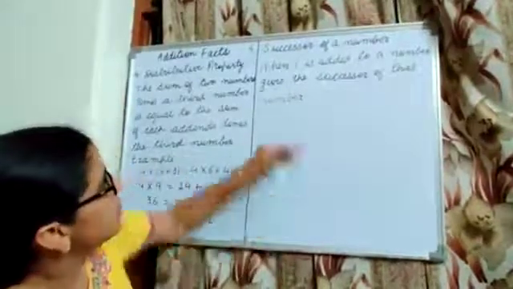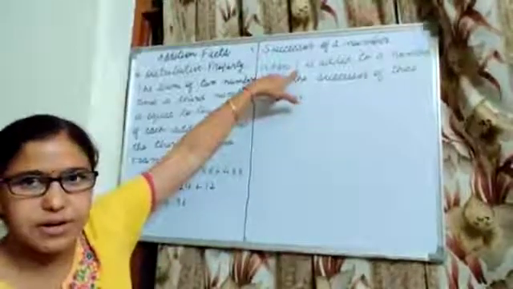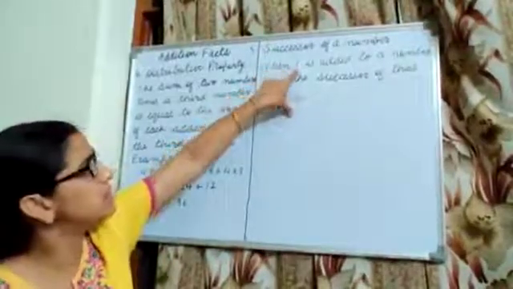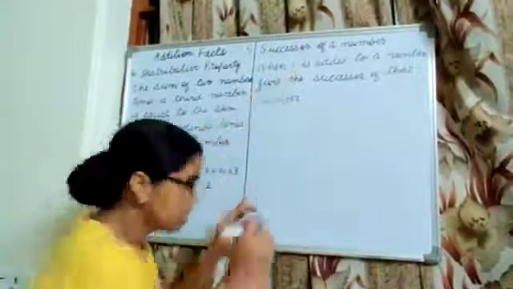Means what we are doing? We are adding 1. Whatever number is given, we add 1 to it, then we get the successor.